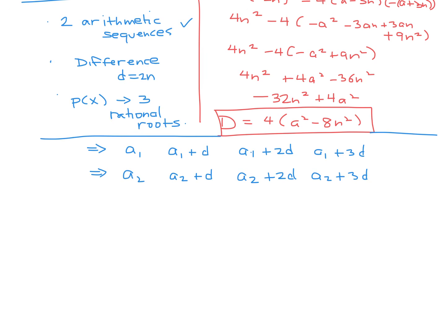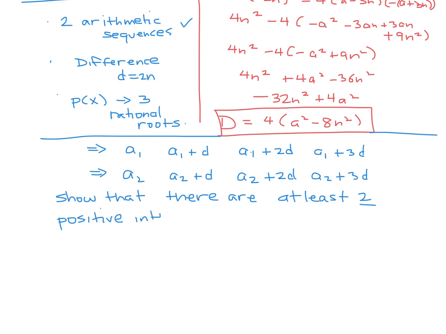Show that there's at least 2 positive integers. I think it's better if I write it out: show that there are at least 2 positive, underline the 2 positive, integers a, of the form a, for which the rest is true.